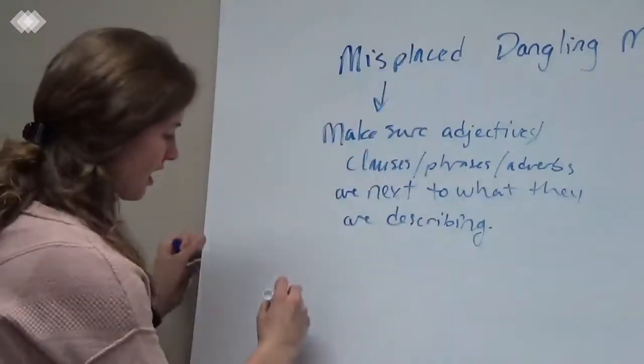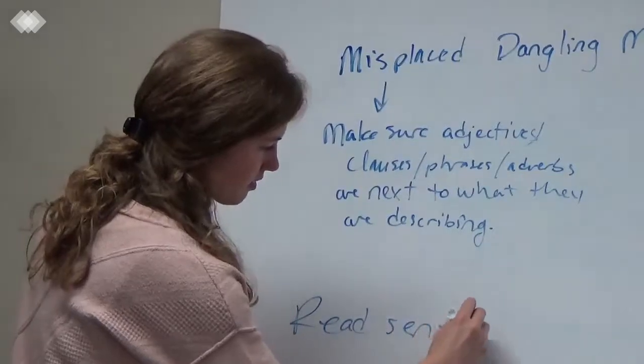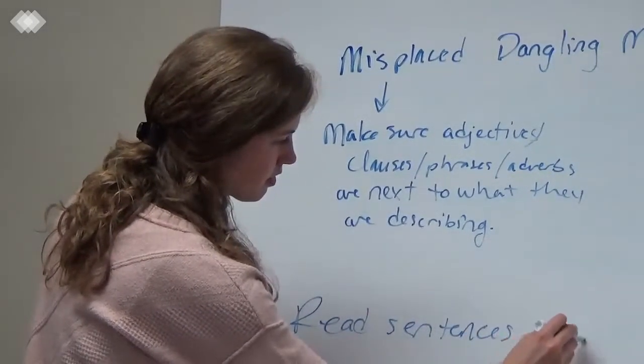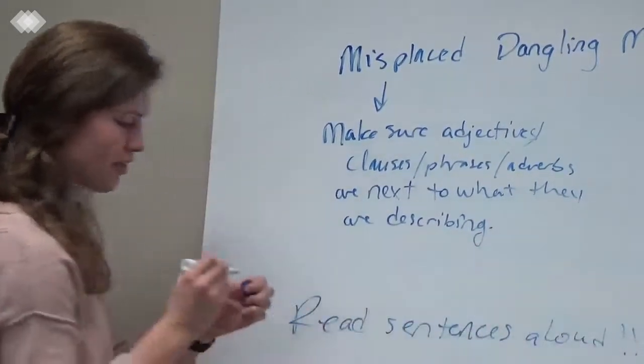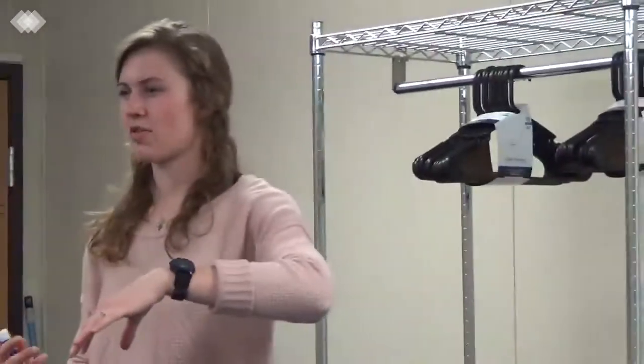And in all of this, guys, just try to read sentences aloud. Read them aloud and read them slowly. If you're ever unsure, if you've written a sentence and you're not sure if it quite sounds right, you can have someone else read it, and that can help you figure out if what you wrote makes sense.